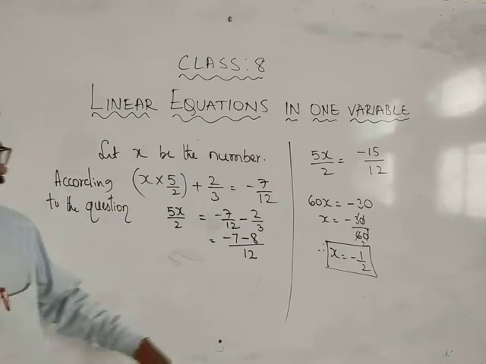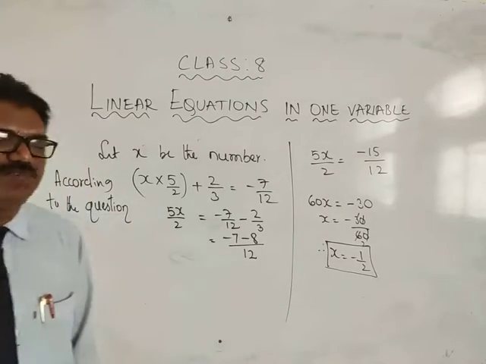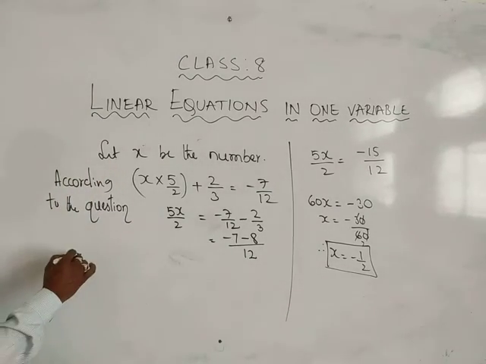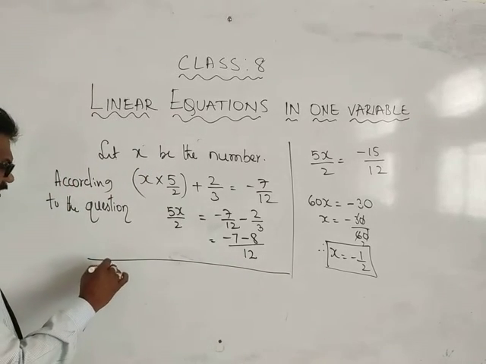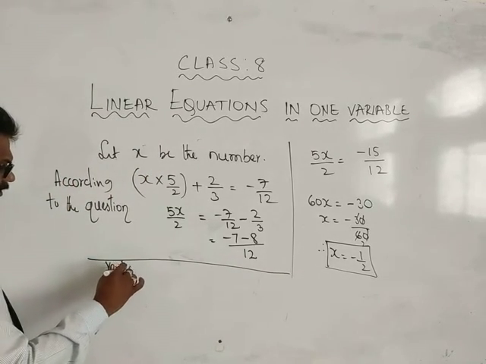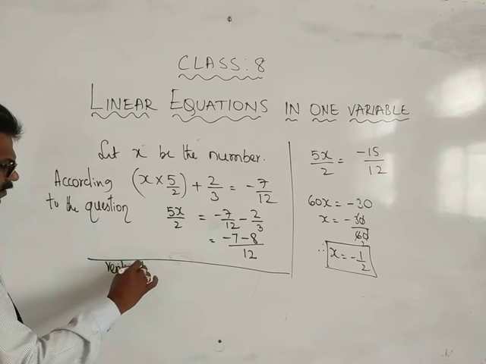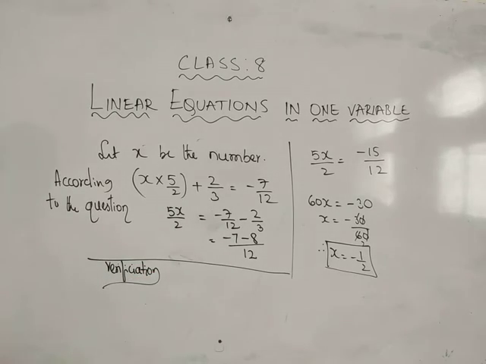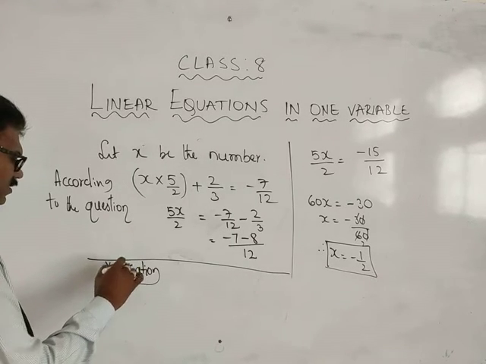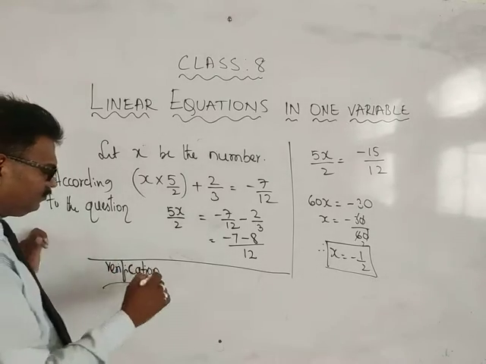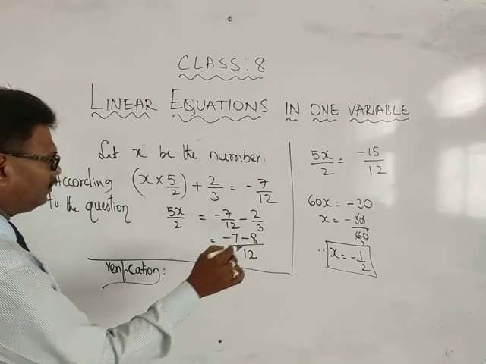Therefore what is the rational number? It is nothing but minus half. If you want, you can verify by yourself. Verification, you can see how to verify.